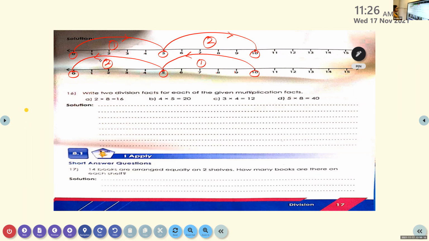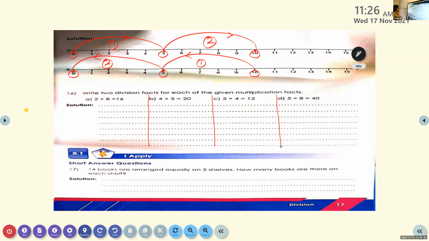Now we are moving to question number 16. Question number 16, 4 sections are there. Put lines and divide and separate the 4 sections. The multiplication facts are given and you have to write 2 division facts for each.